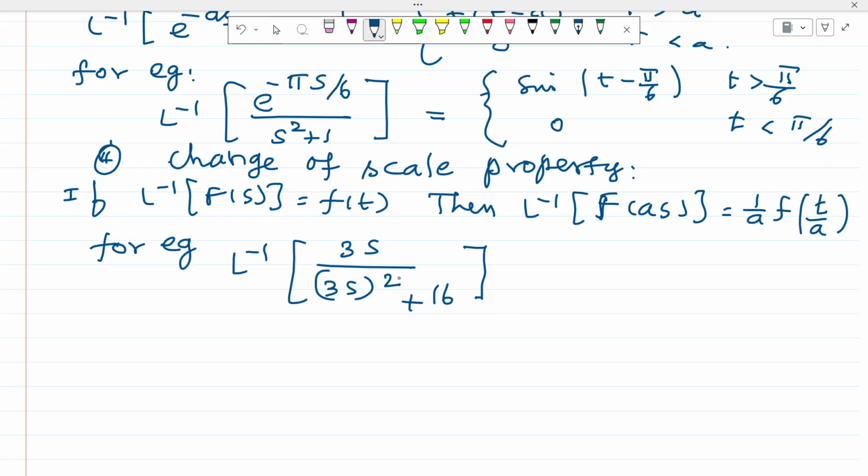Therefore a is 3 here. So we can write this as 1 by 3 cos 4t by 3.